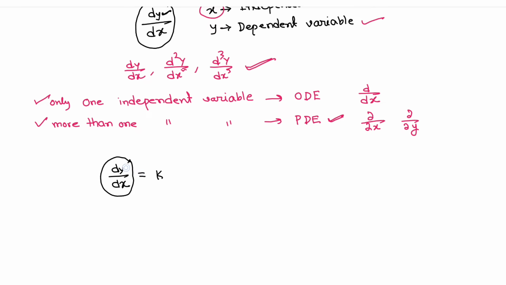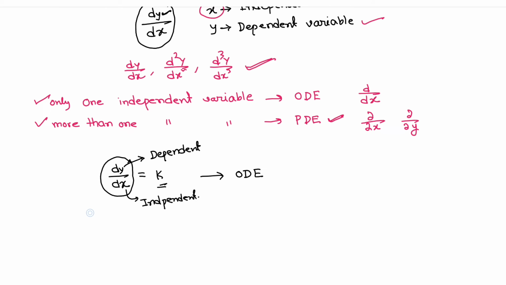Here y is the dependent variable and x is the independent variable. So obviously we are getting a relation of the dependent variable, the independent variable and their derivative. And this dy/dx equals k. So obviously we can say this is an ordinary differential equation.